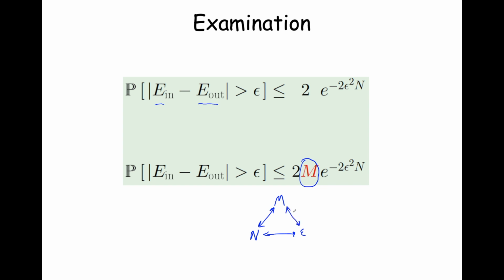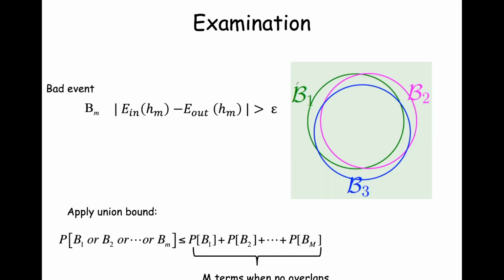And if we can strike this appropriate balance between the three, we can assure that E in will diverge from E out, they track together, but that divergence will be very rare. But if not, if our M, our hypothesis set, is too complex, well, then all bets are off. It's going to diverge very often because the right-hand side of this union bound for Hoeffding's inequality is going to be close to 1.